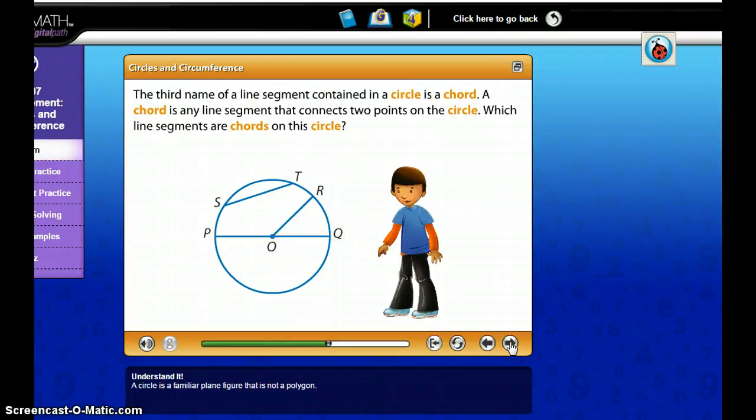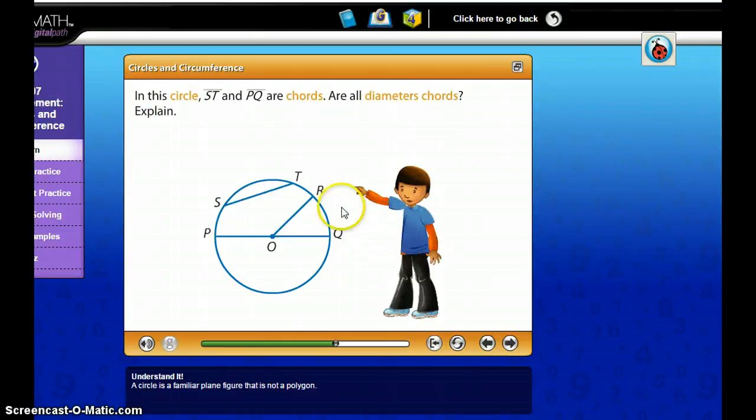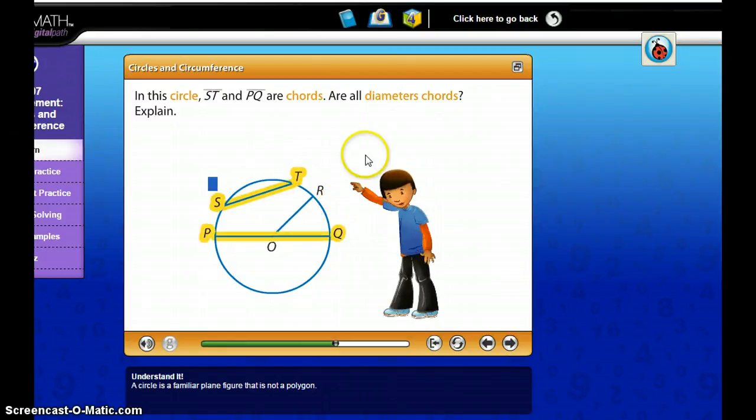The third name of a line segment contained in a circle is a chord. A chord is any line segment that connects 2 points on the circle. Which line segments are chords on this circle? In this circle, line segment ST and line segment PQ are chords.